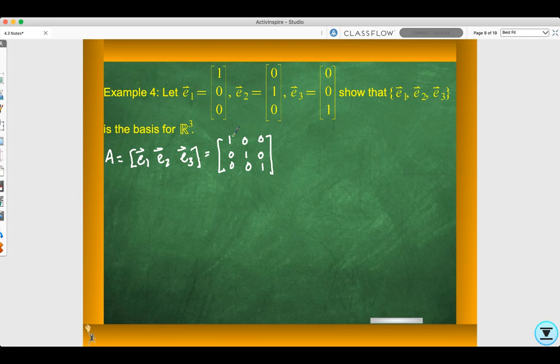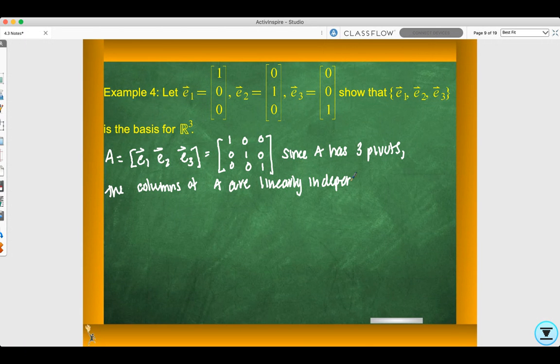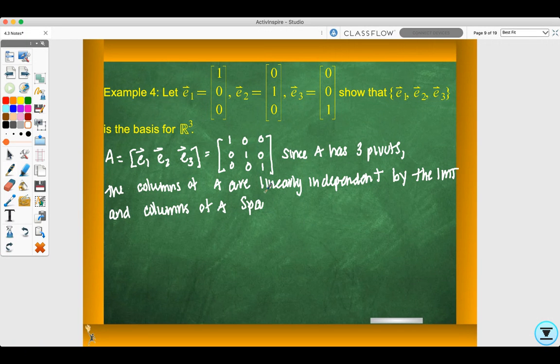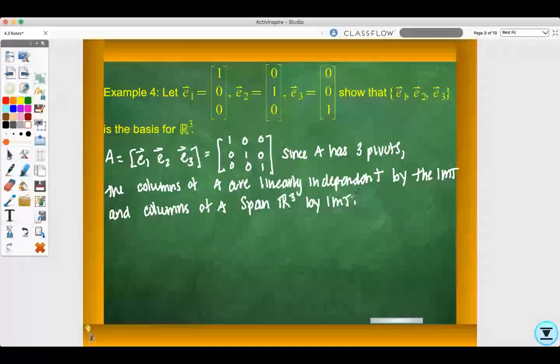Since A has 3 pivots, the columns of A are linearly independent by the Invertible Matrix Theorem, and the columns of A span R3 by the Invertible Matrix Theorem. Therefore, e1, e2, e3 is a basis for R3.